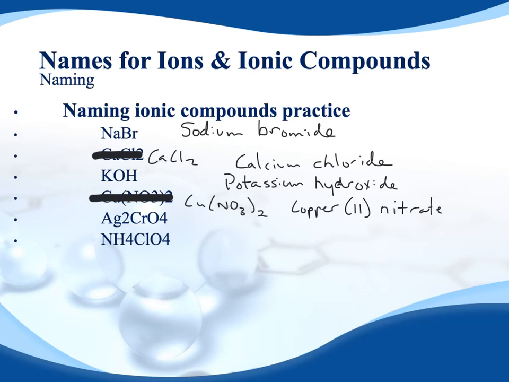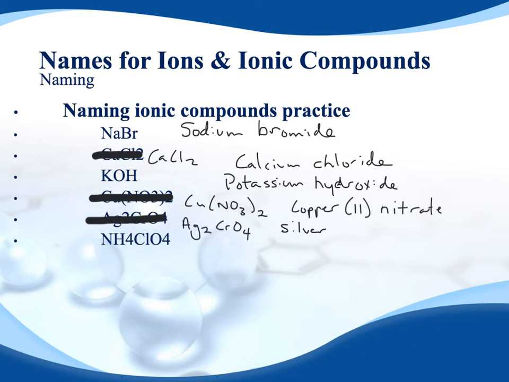Alright, Ag2CrO4, let's rewrite that to make it look good. Ag2CrO4. You have a monatomic cation, silver. If you check your periodic table, silver can only have a +1 charge.